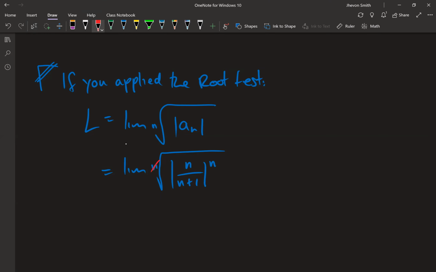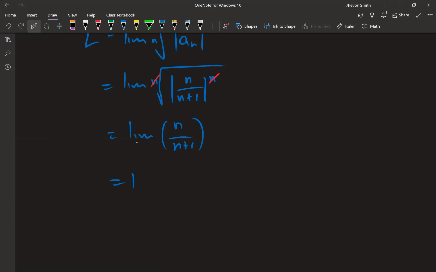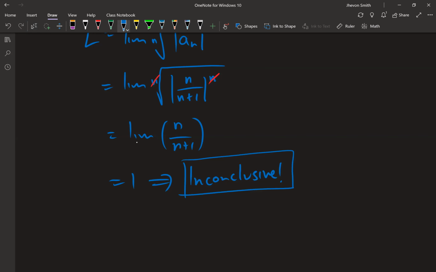The nth root would cancel the n power. You would end up with the limit of n over n plus 1, and that is 1, which means inconclusive. So the root test is inconclusive here. You can't conclude anything from the root test.